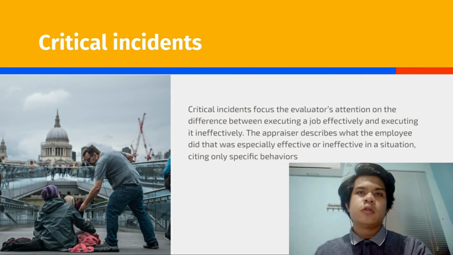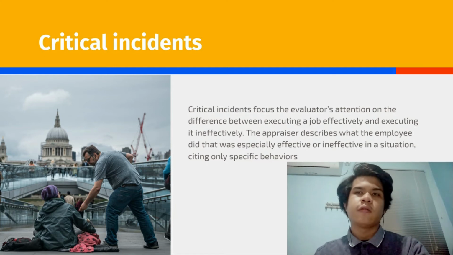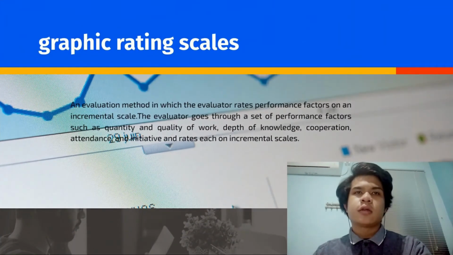Critical incidents focus the evaluator's attention on the difference between executing a job effectively and executing it ineffectively. The appraiser describes what the employee did that was especially effective or ineffective in the situation, citing only specific behavior.